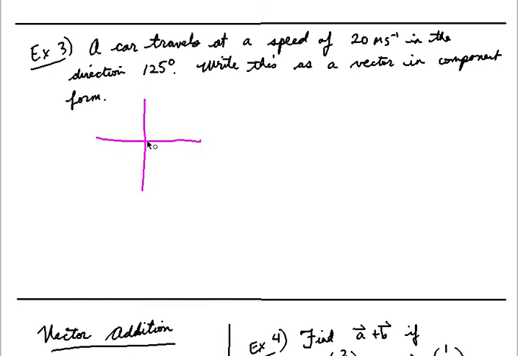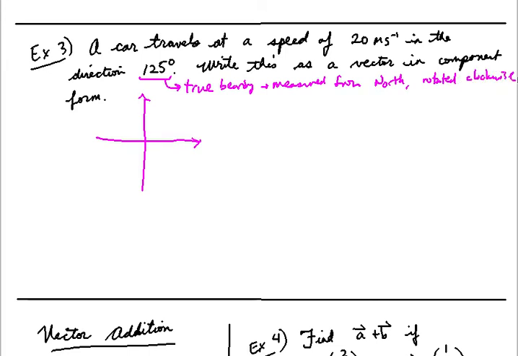Okay, so I have a vector that's going to be pointing in the direction 125. Now, I didn't really mention this in the video, but we talked about it in class. This is a bearing. Okay, this is true bearing, and true bearing is measured from north, and it's rotated in a clockwise direction.